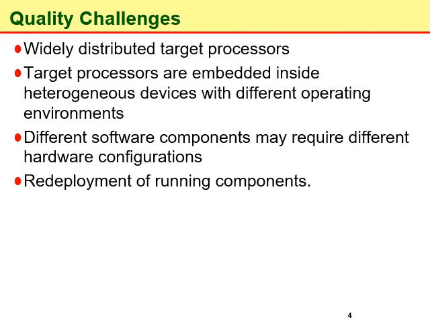Here we discuss some challenges related to the deployment that affect the quality of the software system. So the first challenge is widely distributed target processors. By target processors, we mean the target systems where the software has to be deployed.